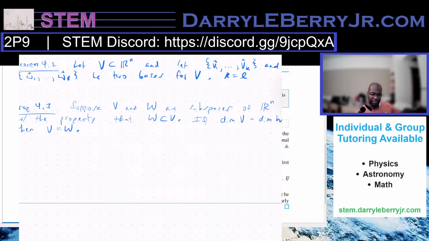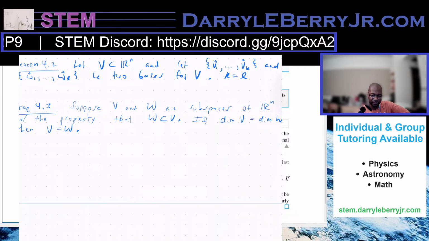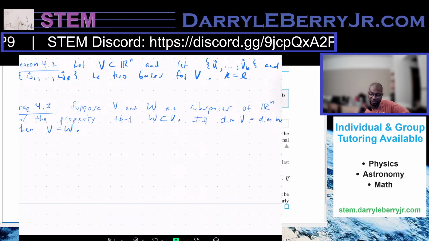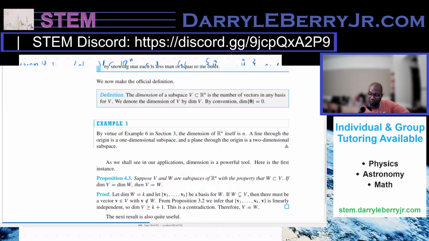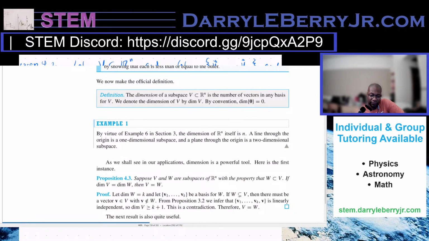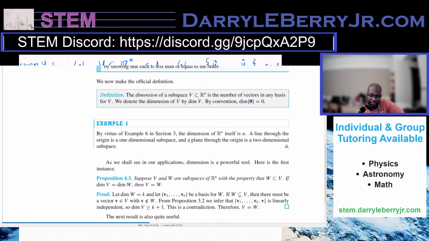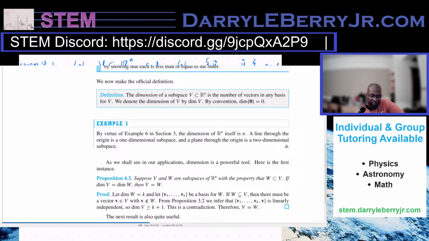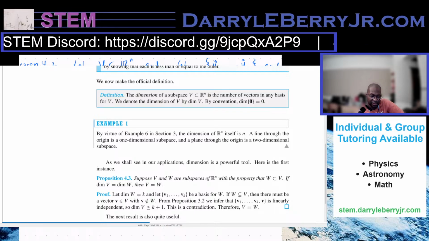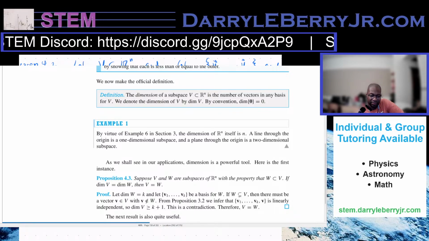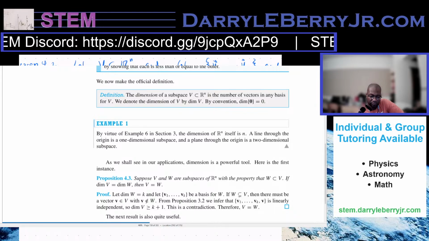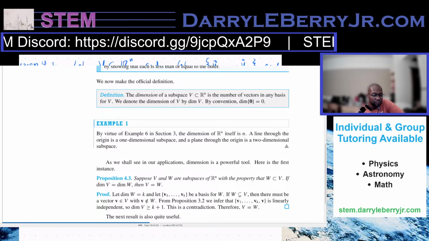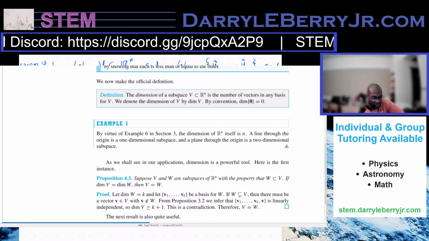So let dimension W equal K, and let V1 through Vk be a basis for W. If W is not in V, then there must be a vector V in V with V not in W. Okay, that makes sense.